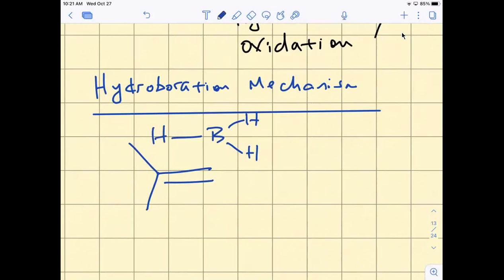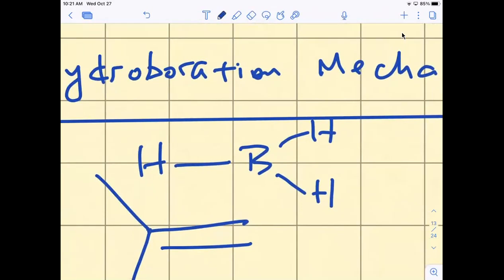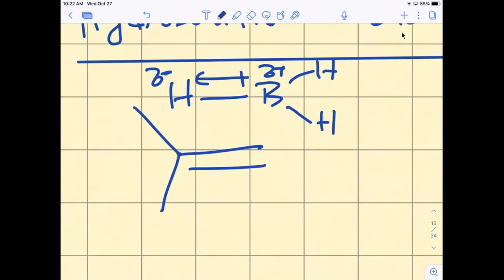And the reason why this lines up this way is because of the electronegativity difference between boron and hydrogen. So hydrogen in this case is actually partially negative, and the boron is partially positive, right? So if you look at the alkene itself, which carbon do you think is more likely to be positive if I broke the double bond? We talked about this at the very beginning when we did the addition of HX and why it was Markovnikov and which carbon was more likely to be a cation. What do you think here?